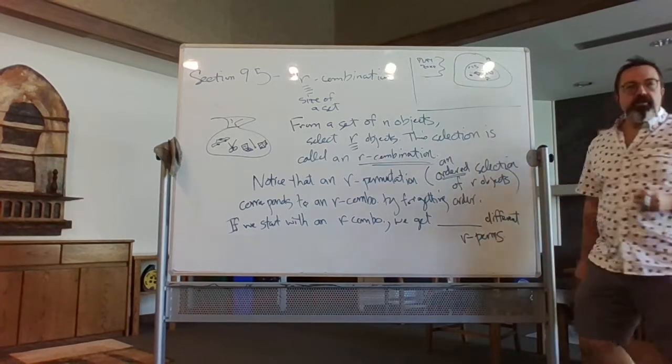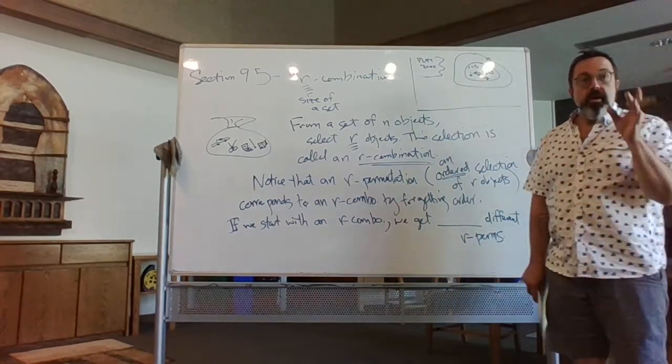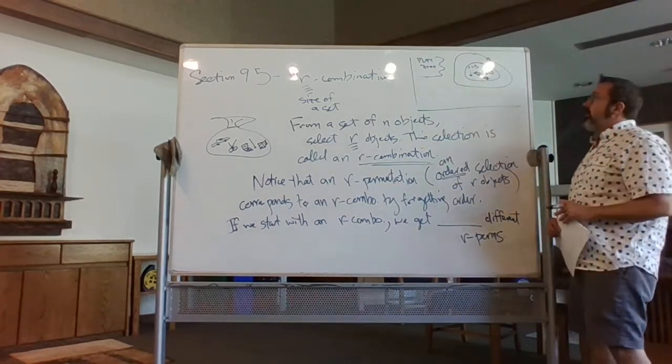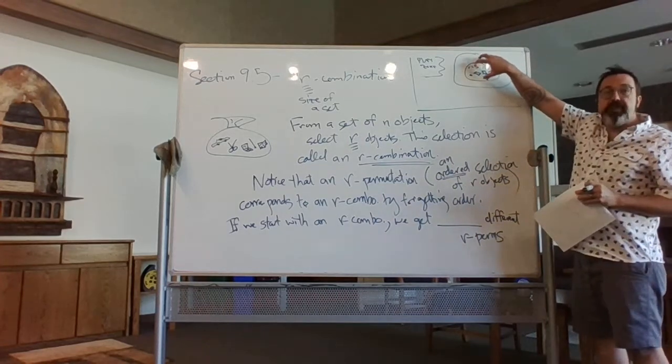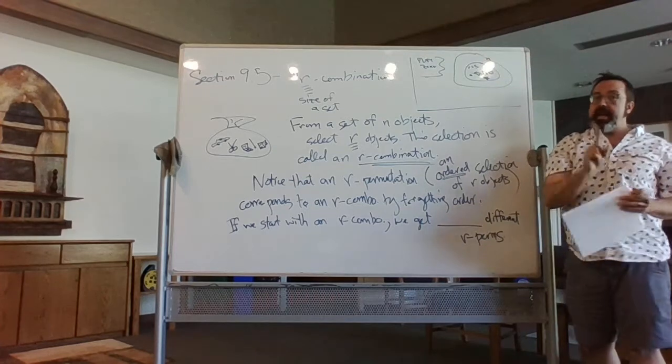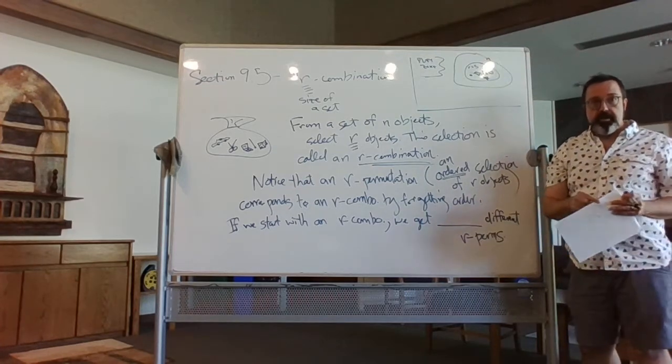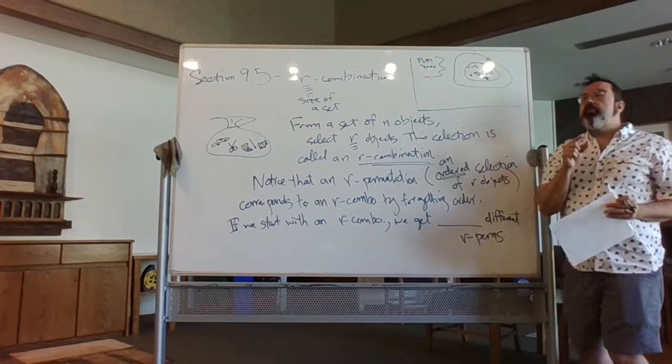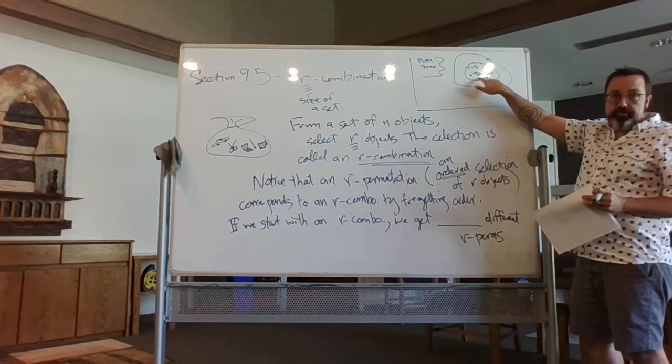So I've got 5 different objects in there. Now, if I want to count the number of permutations this 5 combination from inside this larger set of n corresponds to, I want to count the number of ways of listing those 5 objects.